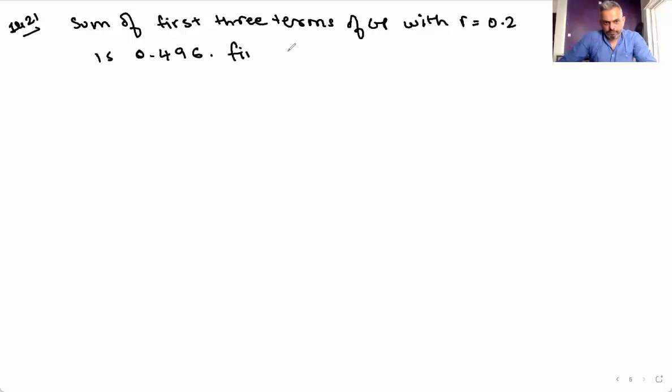Find first term. So find A. Now over here, sum of first 3 terms is given, which is 0.496. R is given 0.2. We have to find out A. So let's find out A.